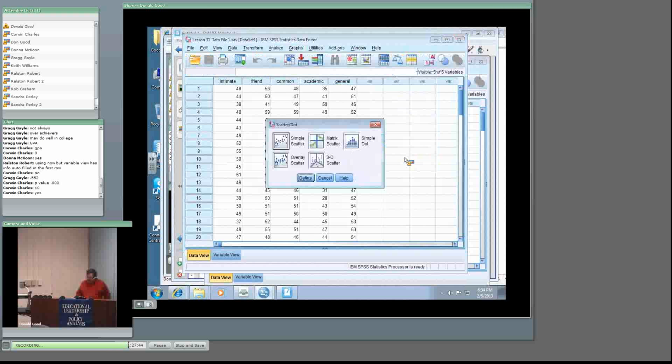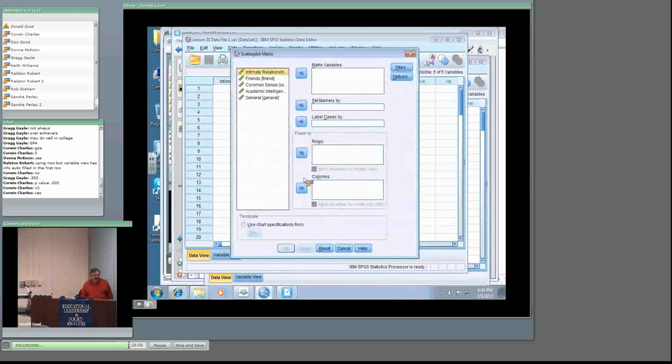So I click on that, and I get some options of what to click. And I'm going to click Matrix Scatter. I think you could also click Simple Scatter, but I'm doing what they say to do. I've got to define it. And again, I want all these values. I'm doing this pretty quickly, but you can go over again if you need to. It's spelled out here pretty closely.